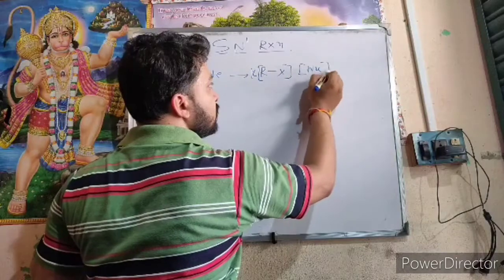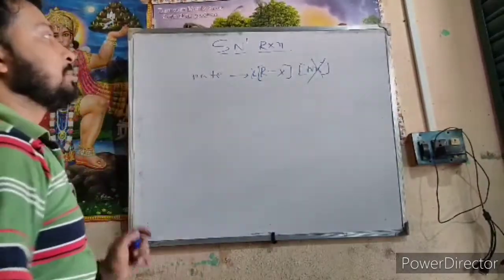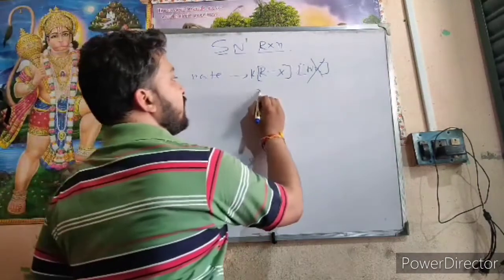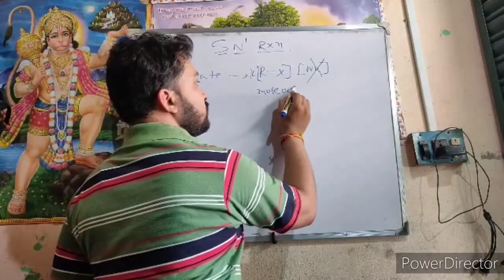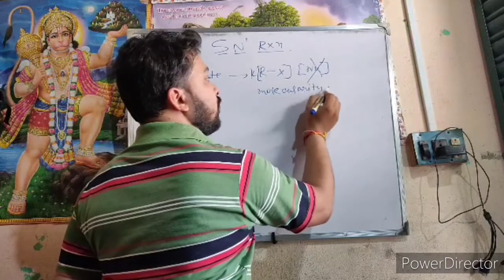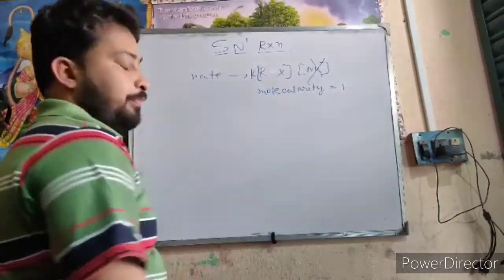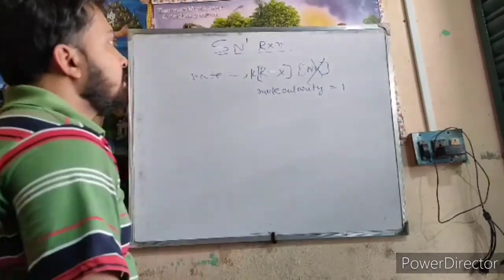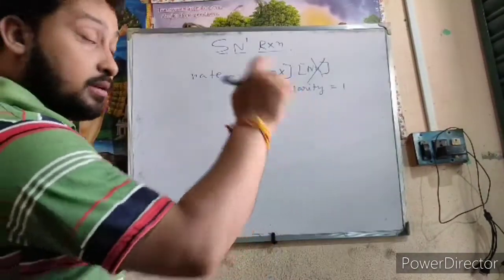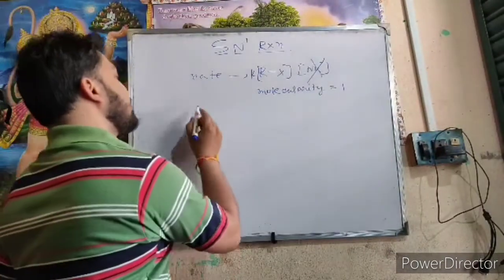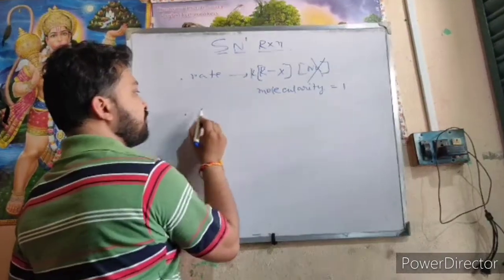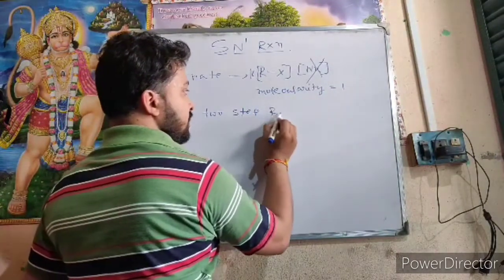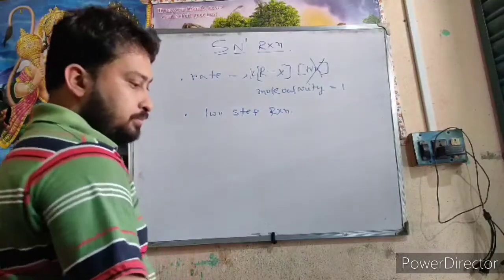It is not depending on the nucleophile. So the molecularity, or the order, of this reaction is 1. What I said on SN2 reaction is that it is a single step reaction. But for SN1 reaction, this is a two-step reaction.